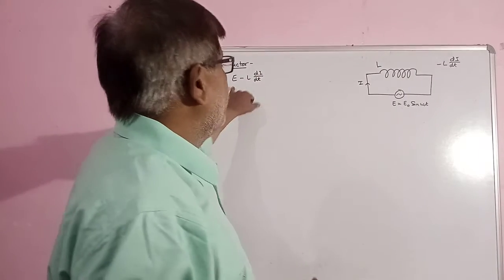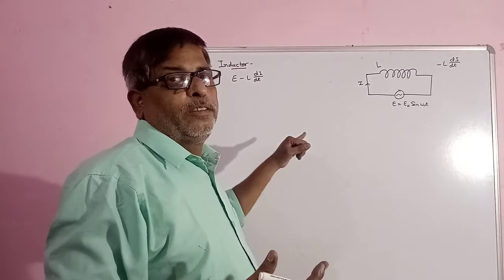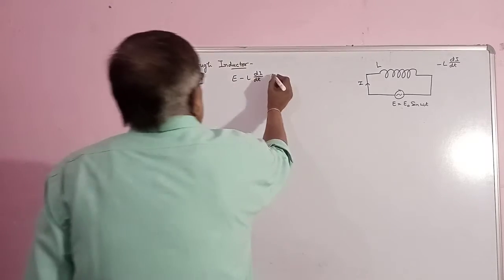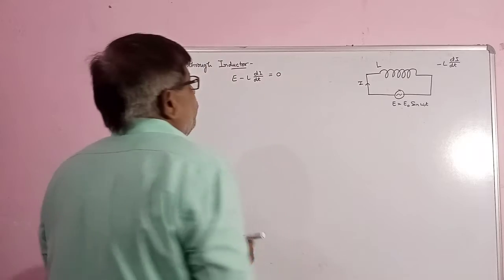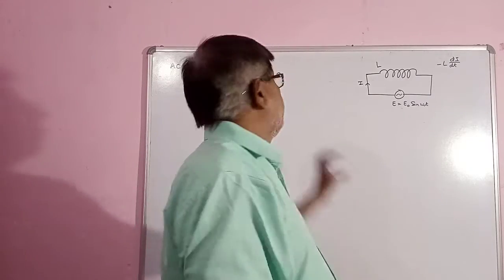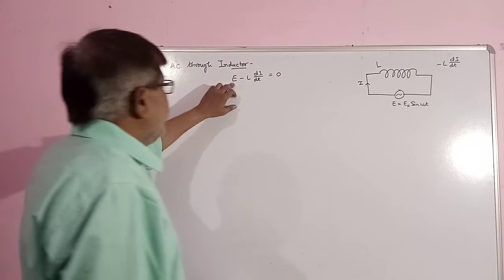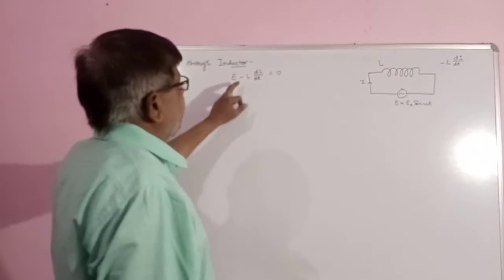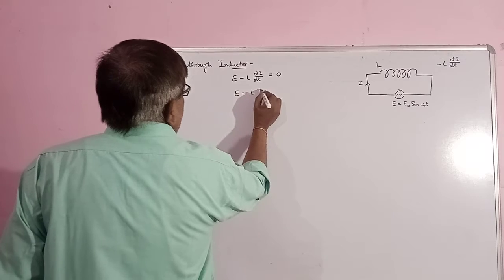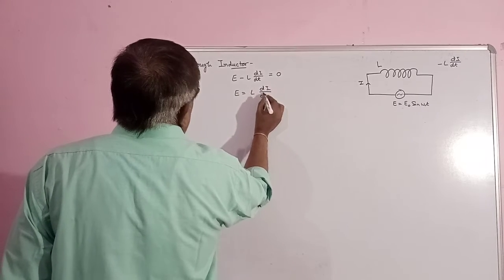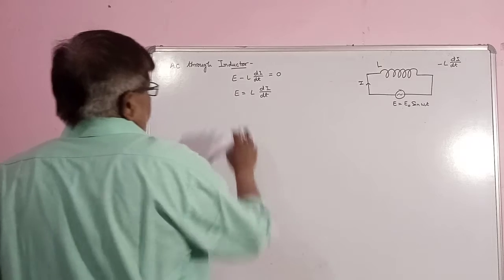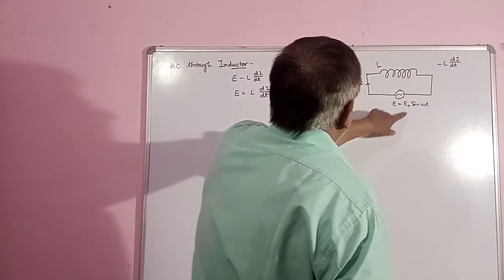And according to Kirchhoff voltage law, the net sum of EMF in a closed loop is 0. So we get E equal to minus L di over dt.